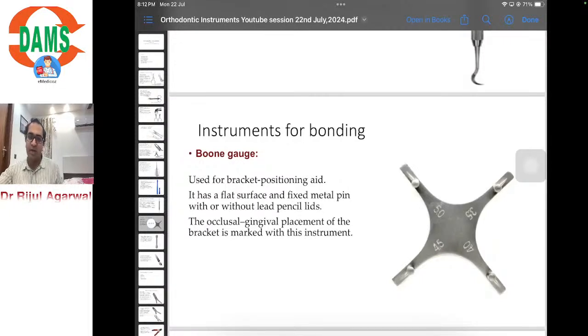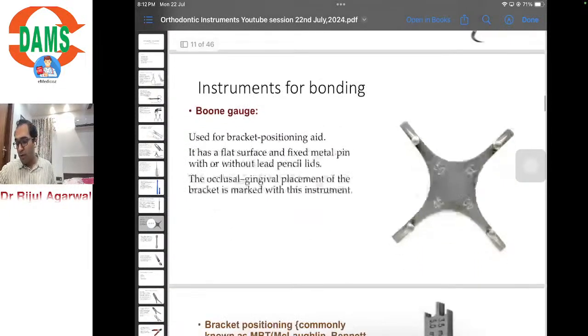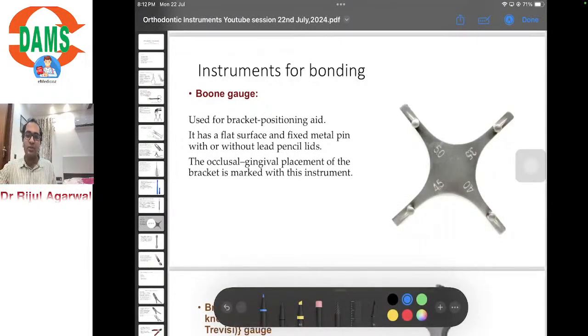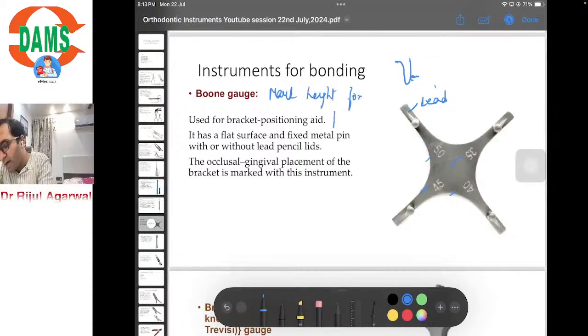Now coming to the second part, the instruments for bonding. Again, a very common instrument which is asked is Boone's gauge. It has these markings, 5, 4.5, 3, 4, oriented like this, and it has a lead attached to it to mark the height for proper bracket placement.